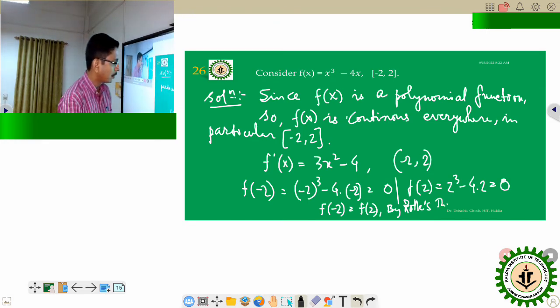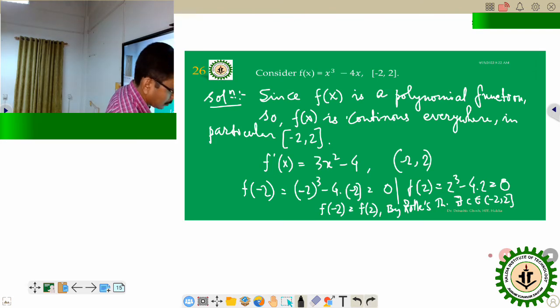By Rolle's theorem, there exists C belonging to the open interval minus 2 to 2 such that f dash C equals 0, and we can get the point C which will lie between minus 2 and 2. You can find it out.